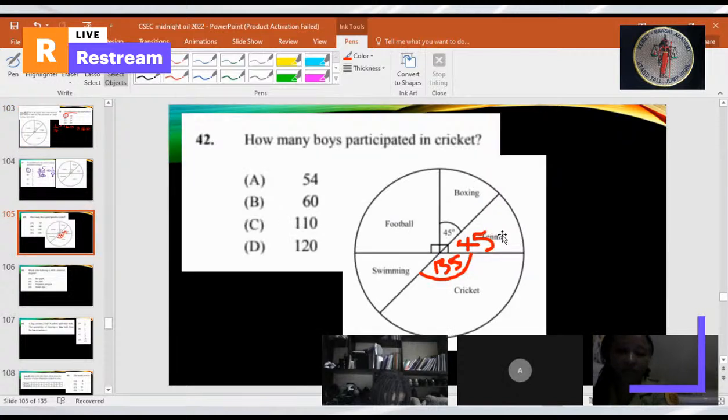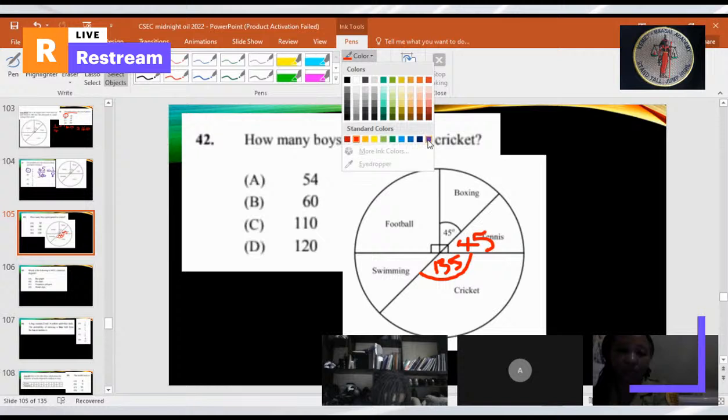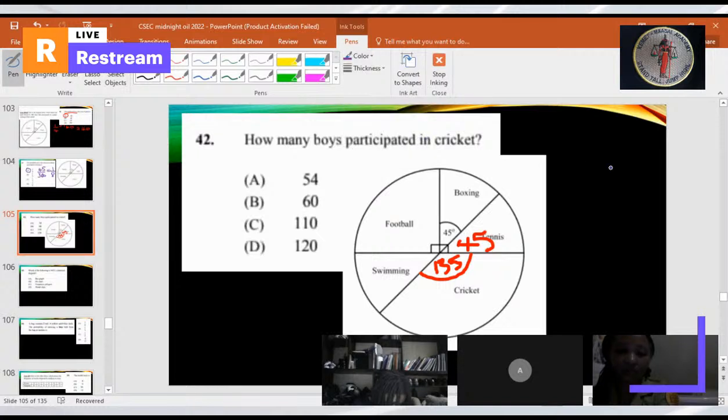So 135 over the full 360 degrees times 160. So we express this angle as a fraction of the full 360 times the total number of boys.